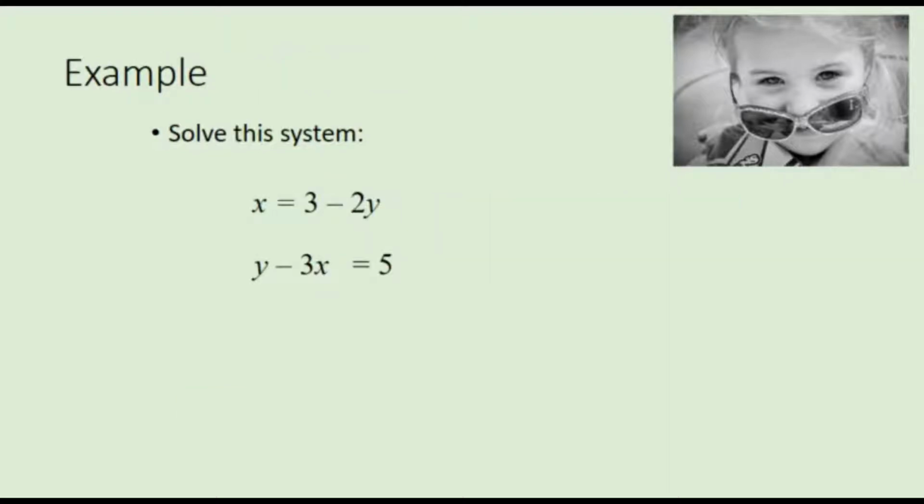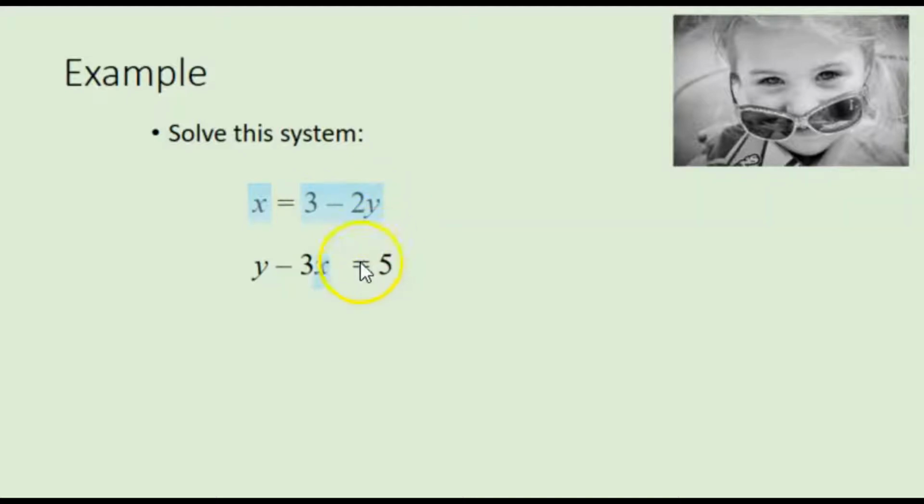Here's another example of two linear equations that we're looking for a solution. Solving it algebraically using the substitution method, we have x by itself in this first equation, and it's equal to 3 minus 2y.